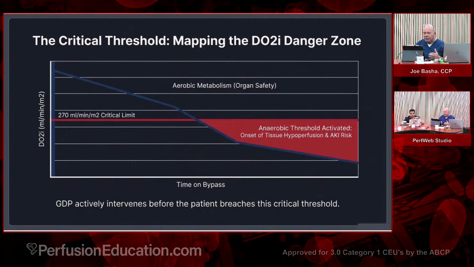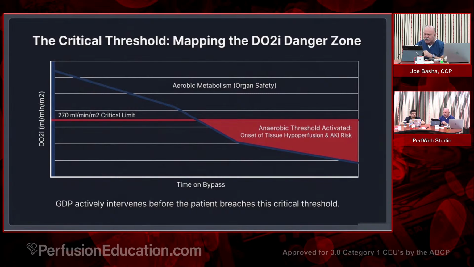There is a critical threshold. I told you that in this particular slide, by this particular author, it's 270 as your minimum. Again, I've seen 280 and I've seen as high as 320, but you're doing great. This is luxurious flow, but as your flow continues to go down, you reach a critical threshold, and at that point you are grossly hypoperfusing the patient, and this is your area of greatest risk for tissue hypoperfusion and AKI.